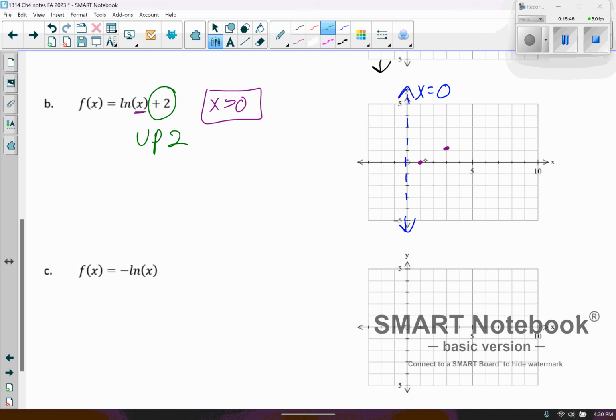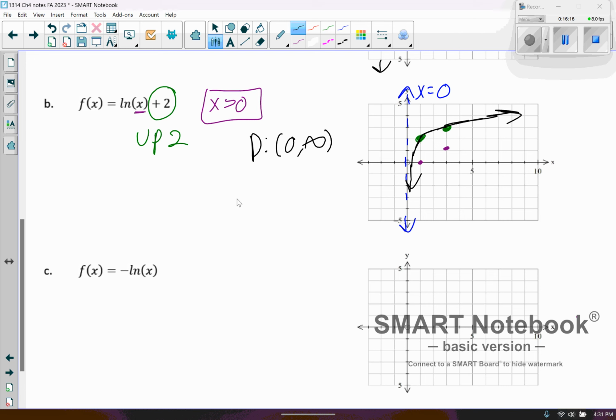So we're just going to take these points and move them up 2 spots right there. And then we'll go ahead and draw this towards my guardrail. And then this just goes up very slowly, just like all the other ones. And that's it. And so my domain in interval notation would be from 0 to infinity. And that's it for that one.